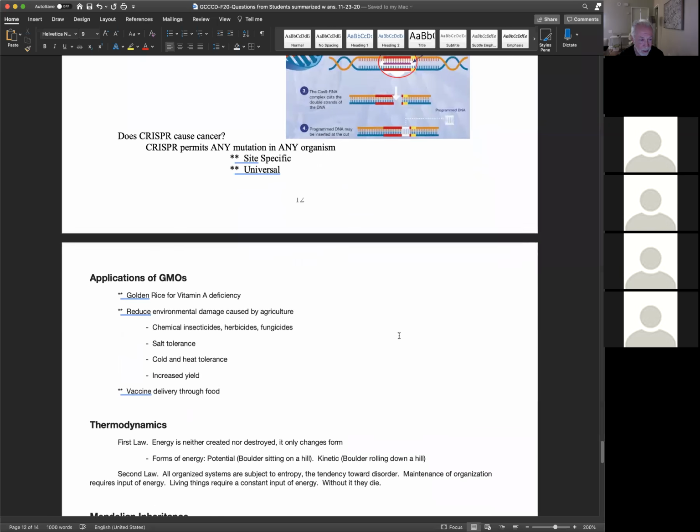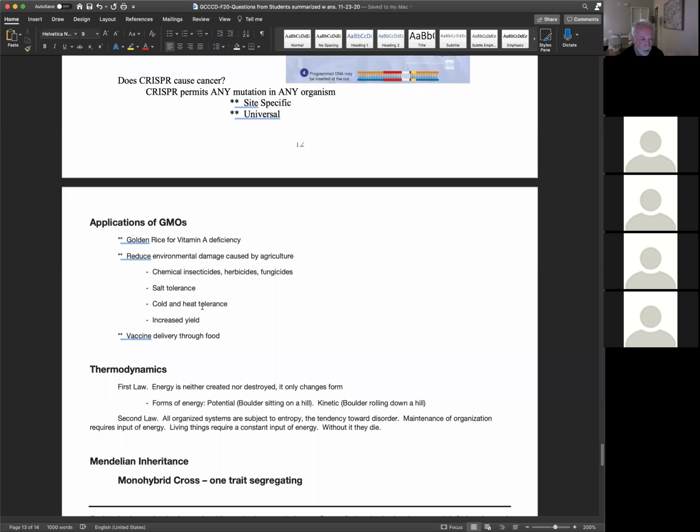Someone asks, how are GMOs used? Well, one example I gave in class was golden rice. Rice does not have a pathway for synthesis of vitamin A, and vitamin A is required to prevent blindness in many countries of the world.